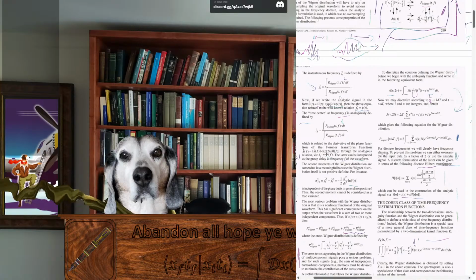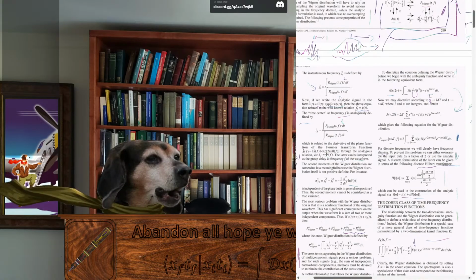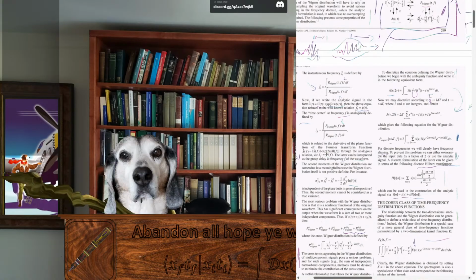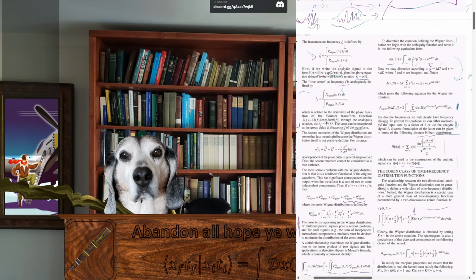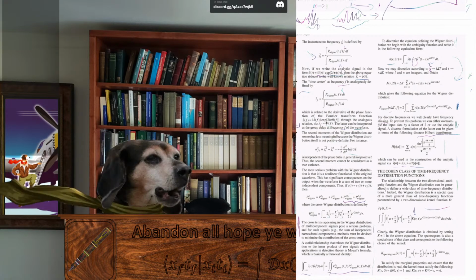Could even be a window function, right? So clearly the Wigner distribution just sets K equal to 1, right? Again, the spectrogram function sets K equal to a window function. So yeah, the spectrogram also is a special case.